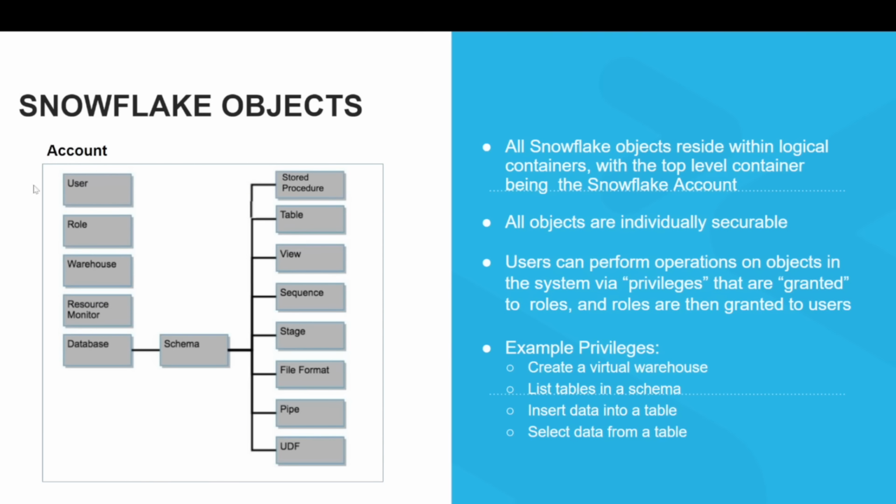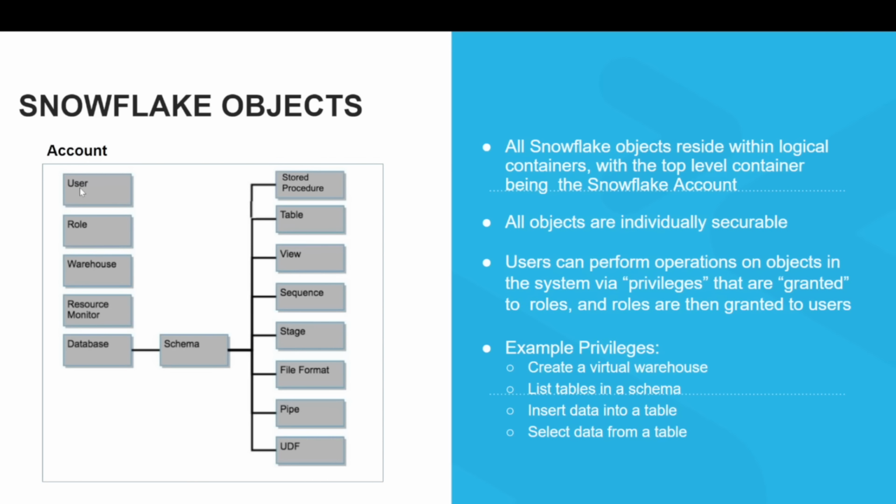All objects are individually securable. Users can perform operations on objects in the system via privileges that are granted to roles, and the roles are granted to users. So under the account, you will have different users, you will have different roles, and these roles will have different privileges which are granted to them. And now these roles are assigned to different users.